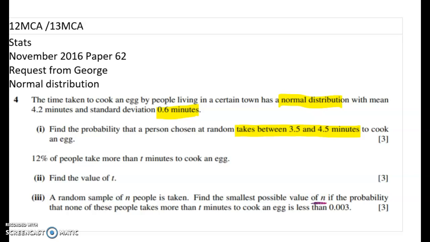So we know that 12% of people take more than t minutes to cook their egg. So let's think about what a tree diagram is going to look like. Here's my first person. I'm just going to put more or not more. So 12% of people take more than t minutes, and 88% don't. So that's the first person.